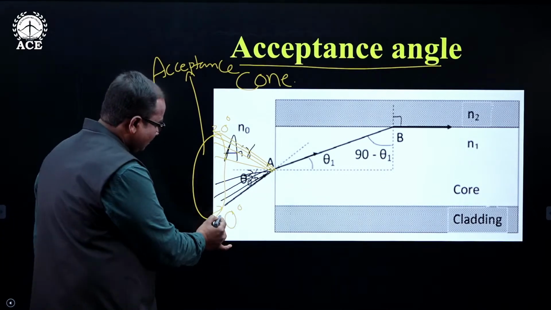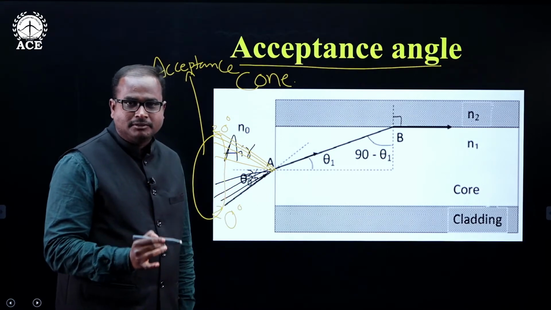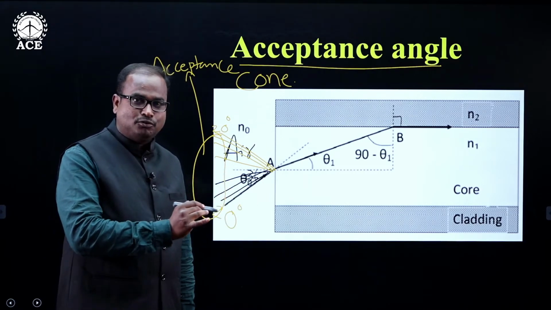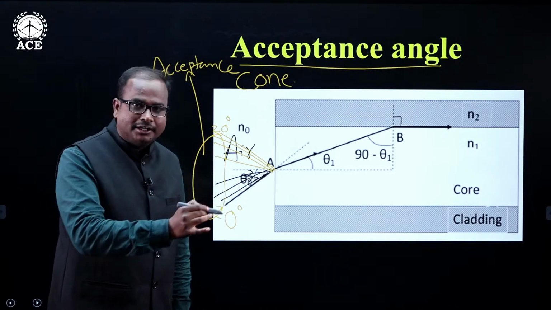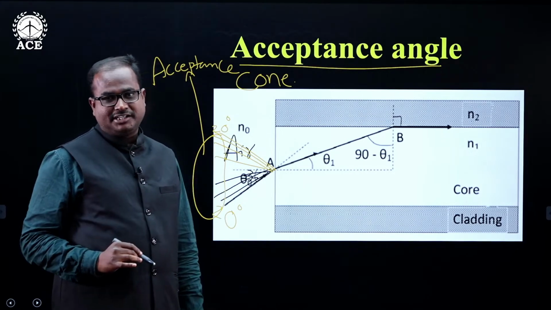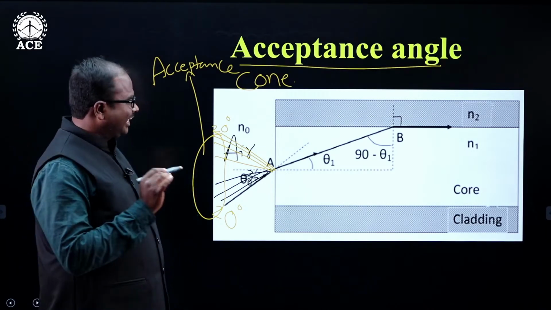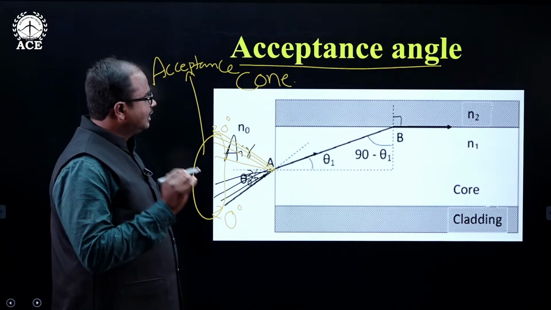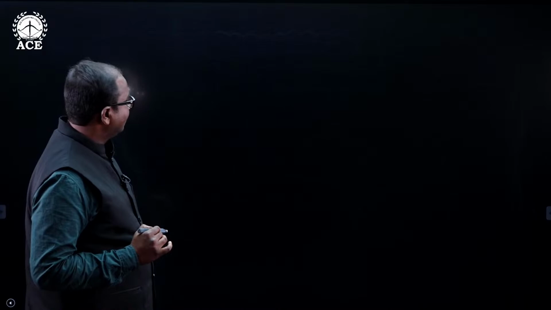The maximum angle up to which you can launch the light beam, so that the light ray undergoes total internal reflection inside the core medium and gets propagated, is known as the acceptance angle.